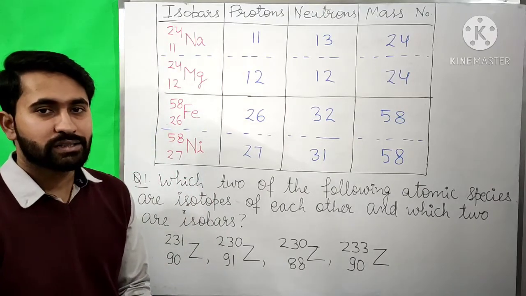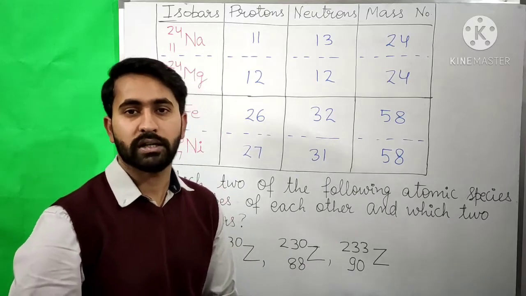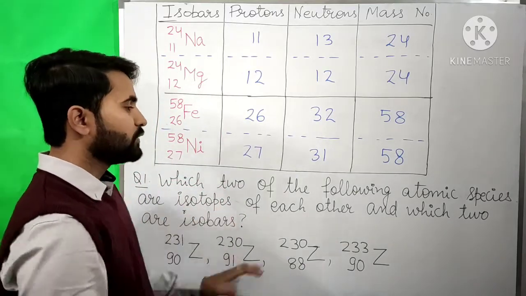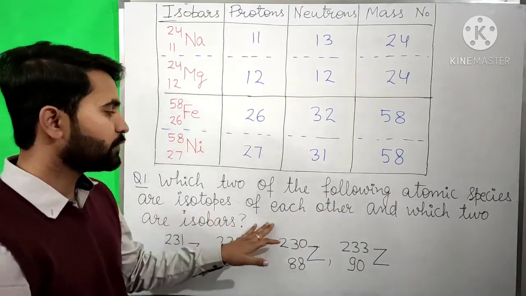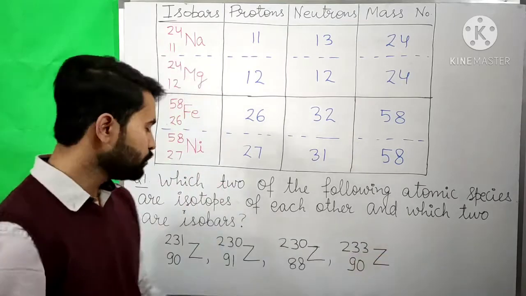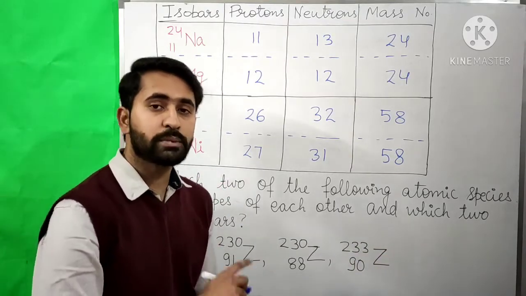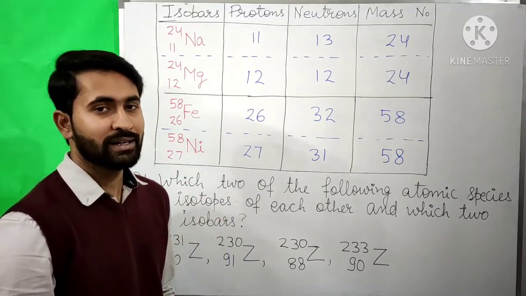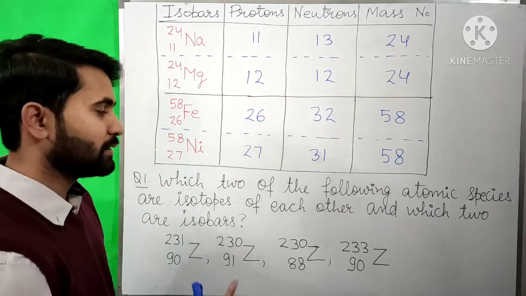Now we will discuss questions related to the topic isotopes and isobars. Our first question is, which two of the following atomic species are isotopes of each other and which two are isobars? We know that isotopes are atoms of the same element which have the same atomic number but different mass number.